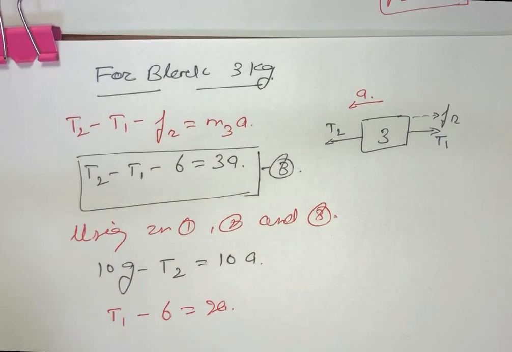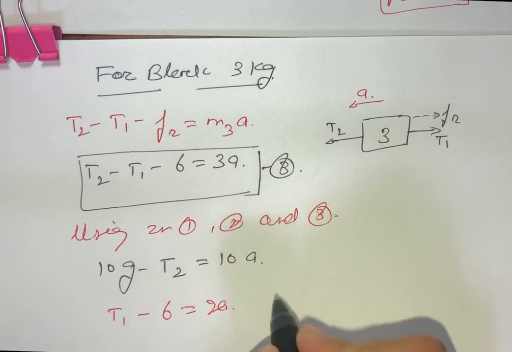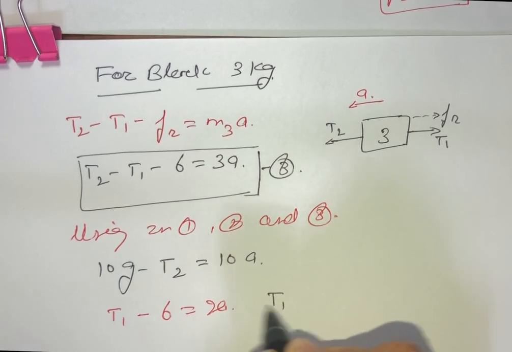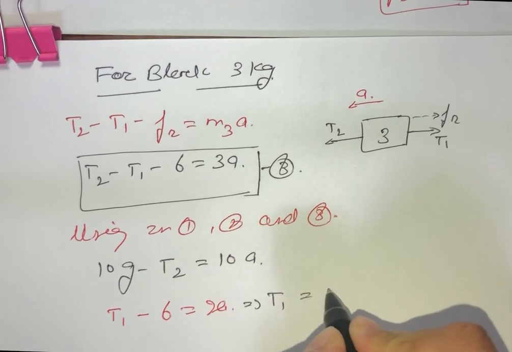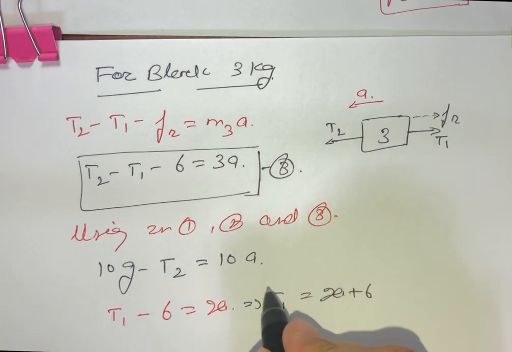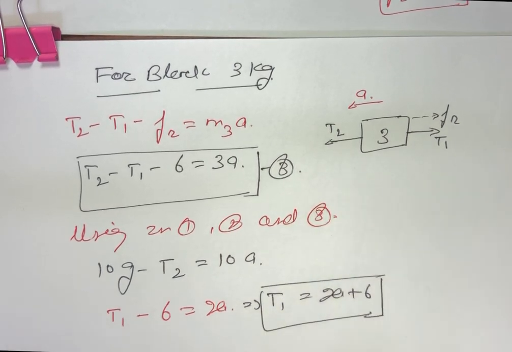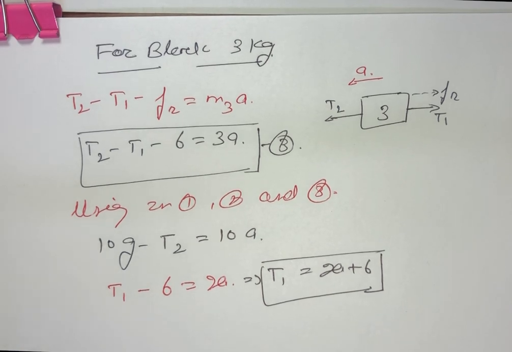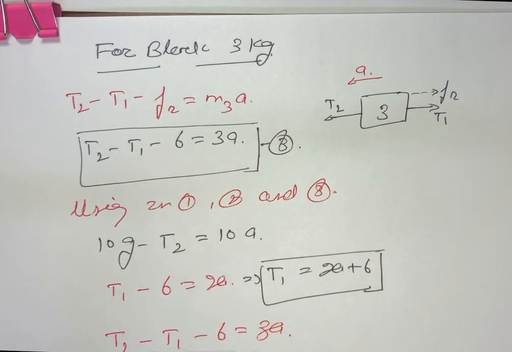So from here we can find out T1. We can say that T1 is equal to 2A plus 6. Equation 3 was T2 minus T1 minus 6 is equal to 3A.